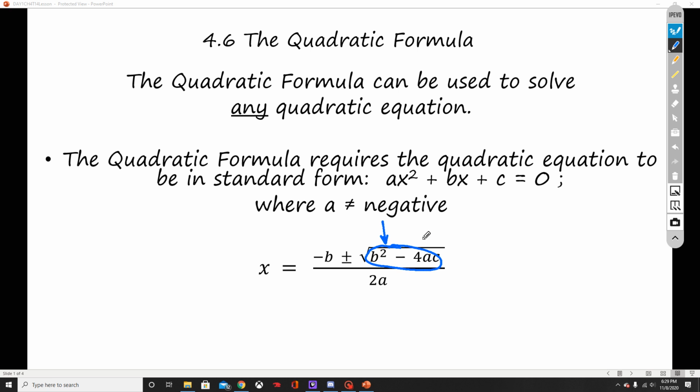And if you take the square root of this and the number underneath is 0, well then you only end up with one solution. So that b squared minus 4ac is called the discriminant.